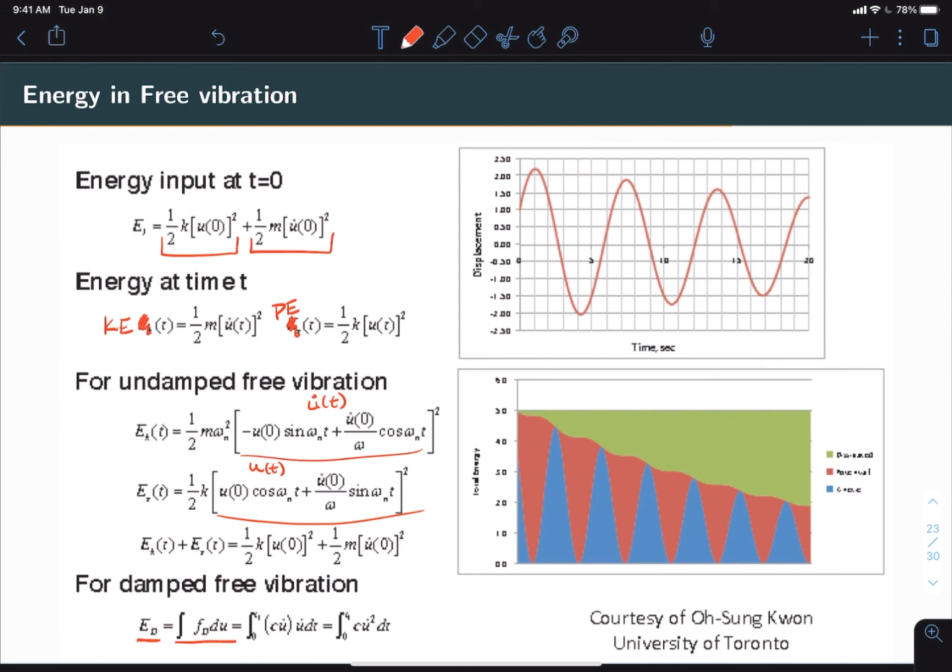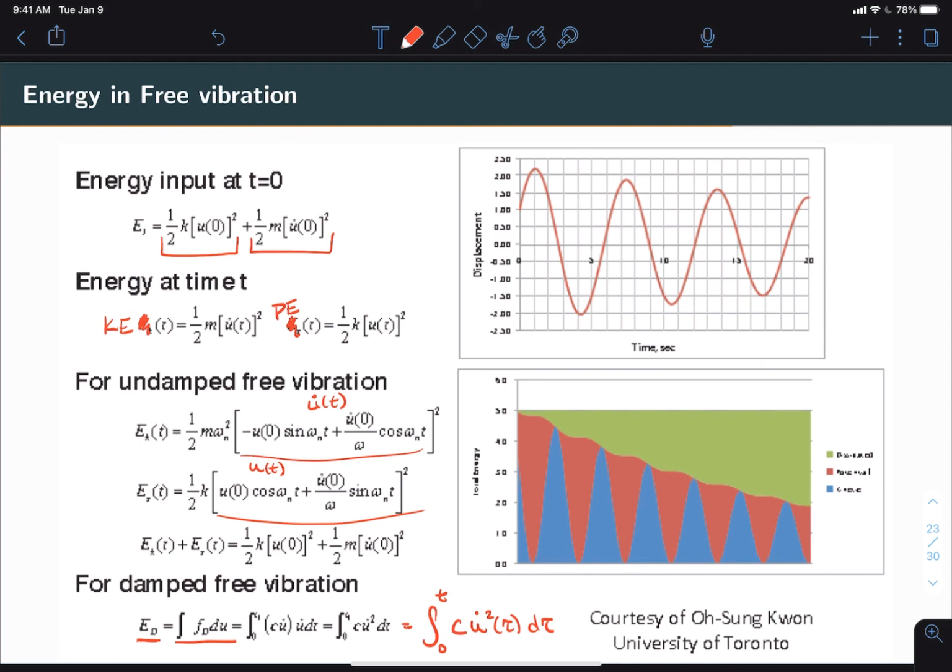We can express this in terms of time as the integral from 0 to some time, t, of c times u dot squared of tau d tau. So at any point in time, this would be the total amount of energy dissipated by the damper.